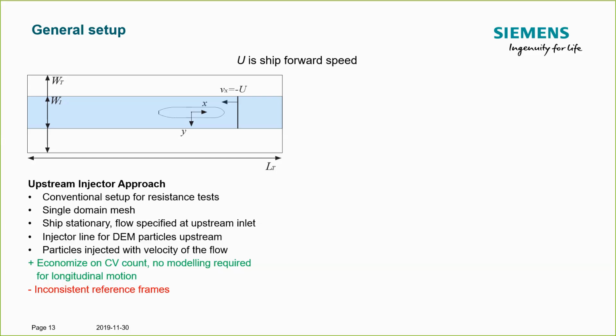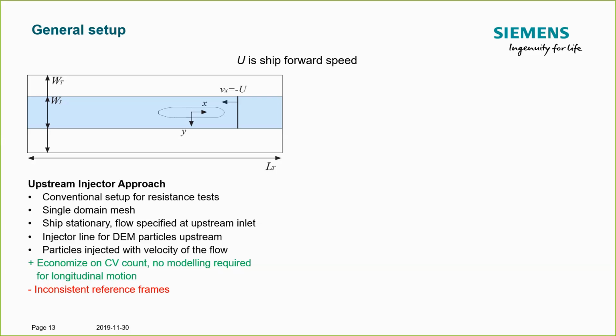You have one domain, which is static, and the ship is stationary, and the flow is specified at some point upstream. The injector line for the DEM particles is defined someplace between the actual inlet of the domain and the ship, and the particles are injected with the velocity of the flow.